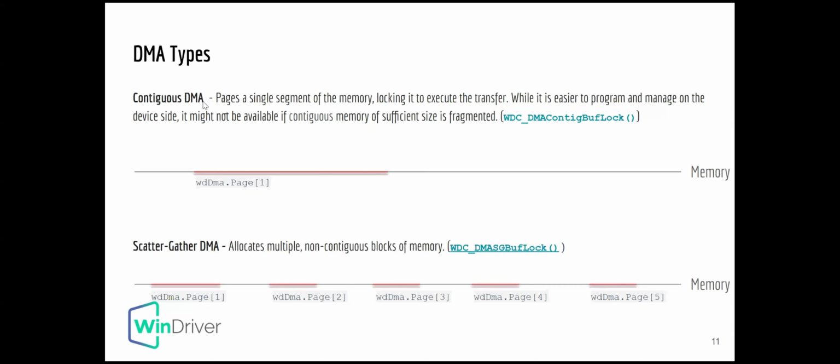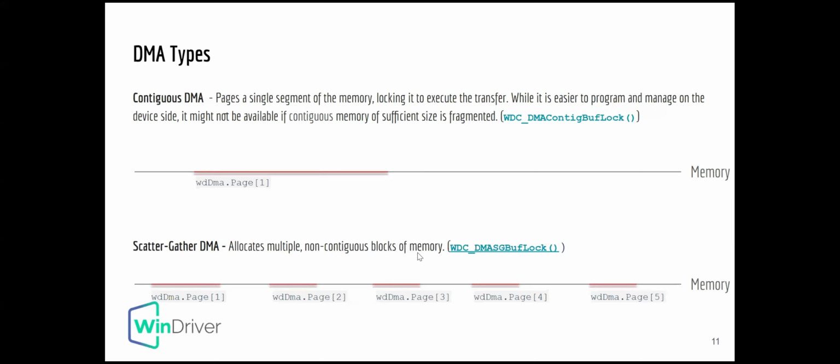One is contiguous, and the other one is scatter-gather. In contiguous DMA, we get a single segment of memory allocated, and all the memory is being written and deleted there. In scatter-gather DMA, there are multiple non-contiguous blocks of memory allocated and locked.